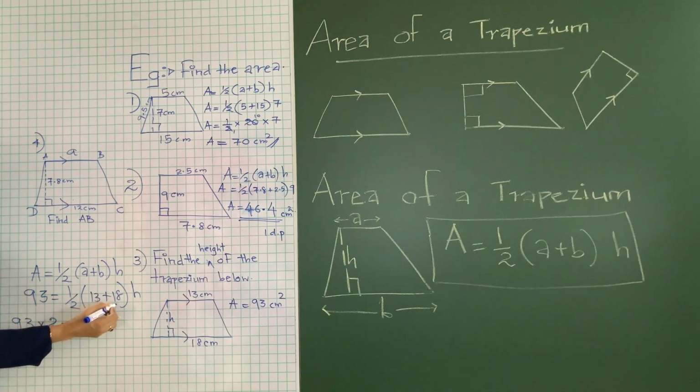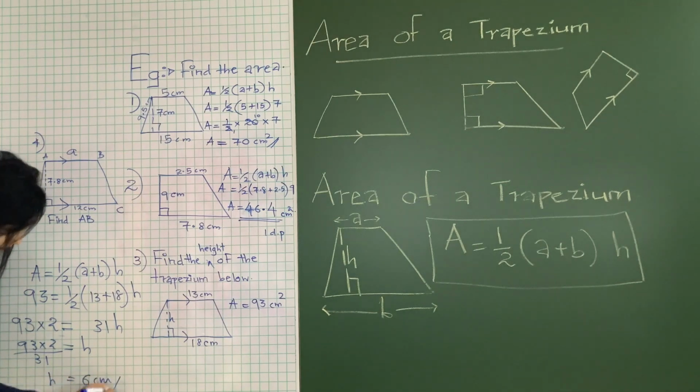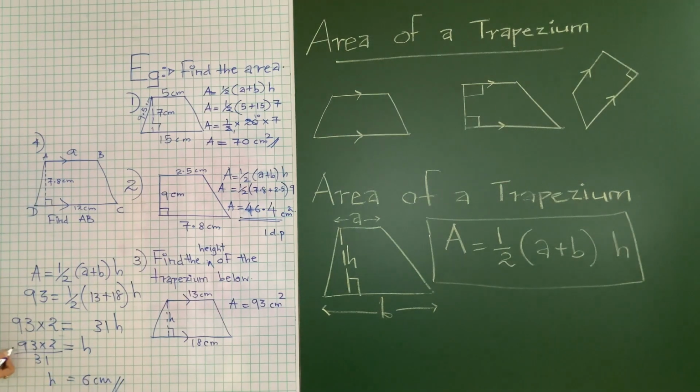And then here 13 plus 18. What is the answer? 31. 31h. So h is equal to 93 into 2 divided by 31. So h is equal to 6 centimeters, because here you can cut 31 times 1, 31 times 3, 3 times 2, 6. Okay, h is 6 centimeters.